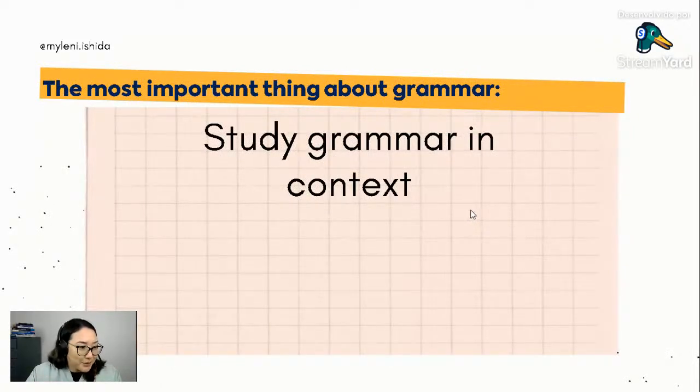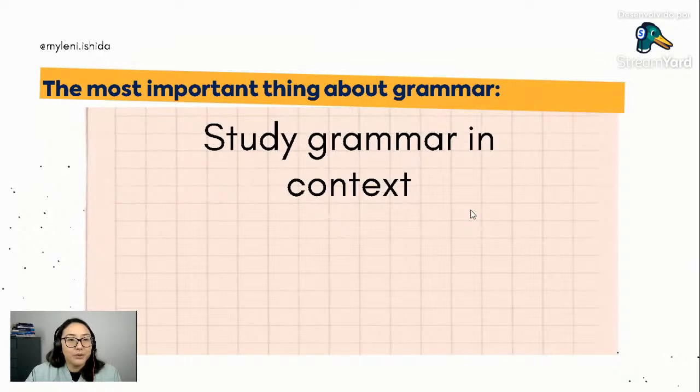So when we talk about grammar, the most important thing is you need to understand that it is not a good idea for you to study grammar alone. What does that mean, right? You have to study grammar always in context. Grammar in context. Teacher, but what does that mean? Which context, right?